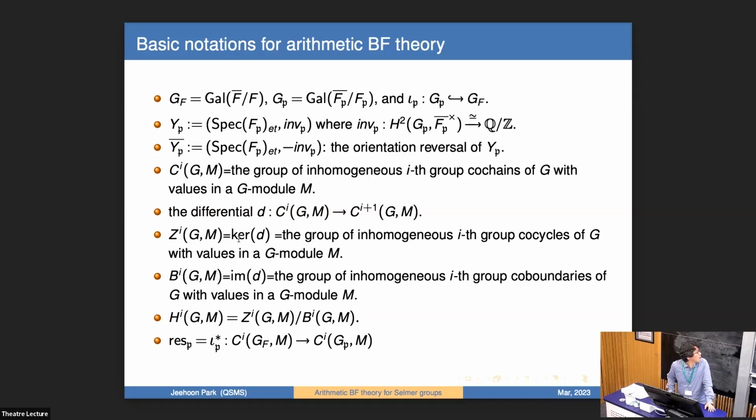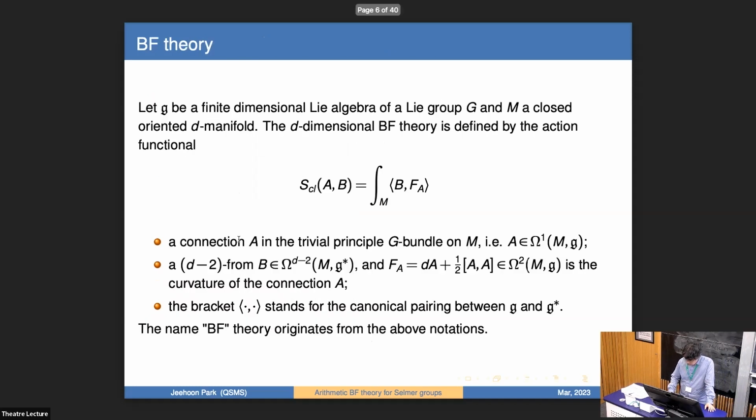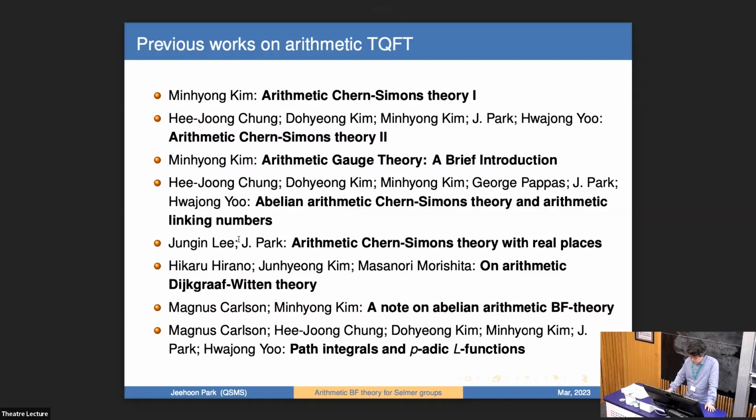My goal, by the way, and why I'm interested in this and started to work on it: after the observation that BF theory is somehow more important than Chern-Simons theory, it was more or less clear to the experts that the Cassels-Tate pairing has a very similar flavor to this arithmetic BF functional.